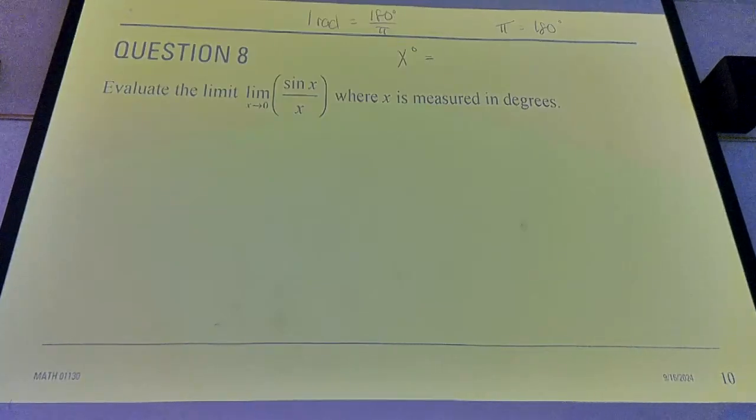How many radians are in a single degree? Pi over 180. We have x degrees, so how many radians is it? Pi over 180 times x, which is pi x over 180.